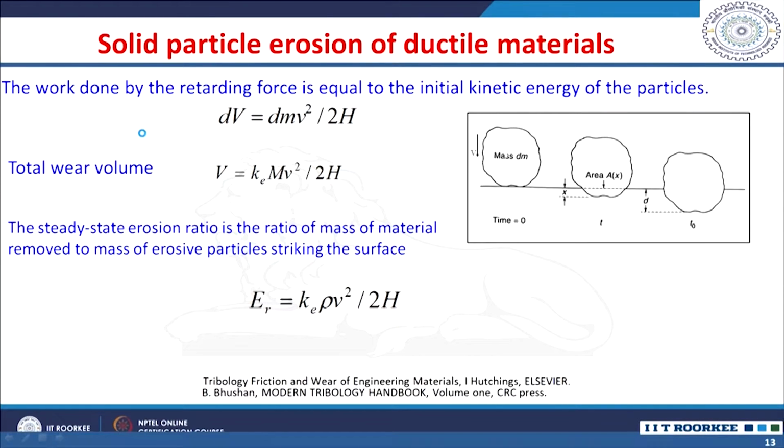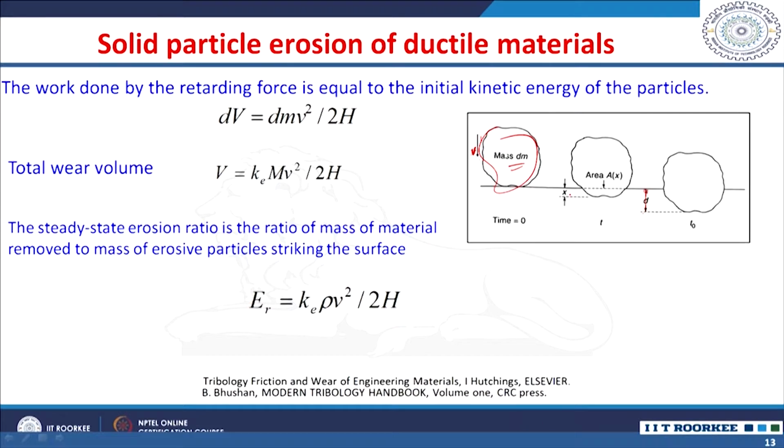Let us understand solid particle erosion of a ductile material, right. You can consider a particle of mass dm impinging at a velocity v, and it traverses a certain distance, and by traveling it erodes the material to a depth d, right.